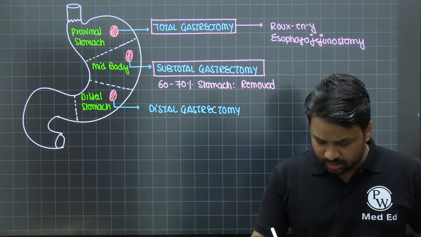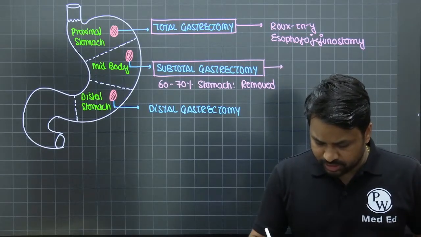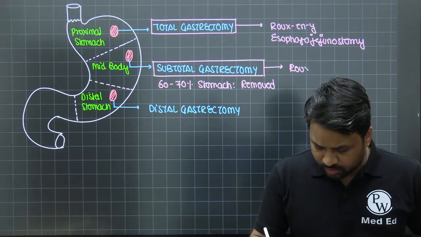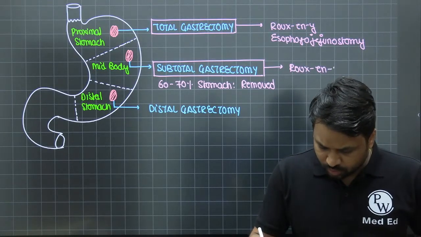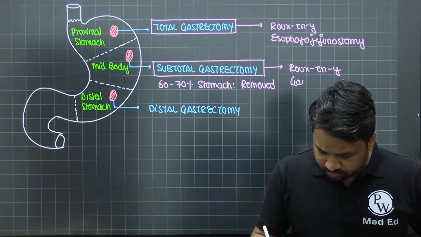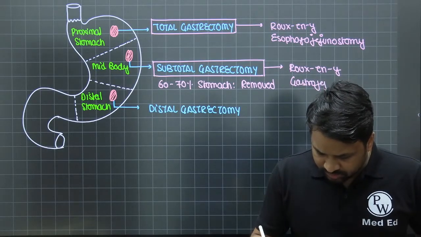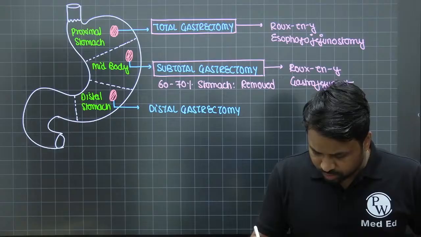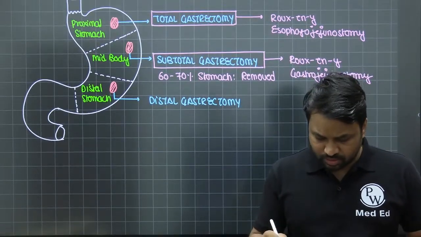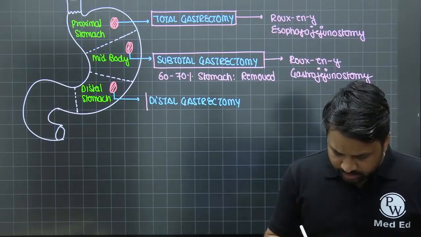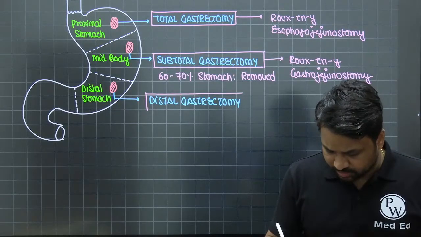Now, once you have removed the stomach, for reconstruction here you will go ahead with a Roux-en-Y gastrojejunostomy.